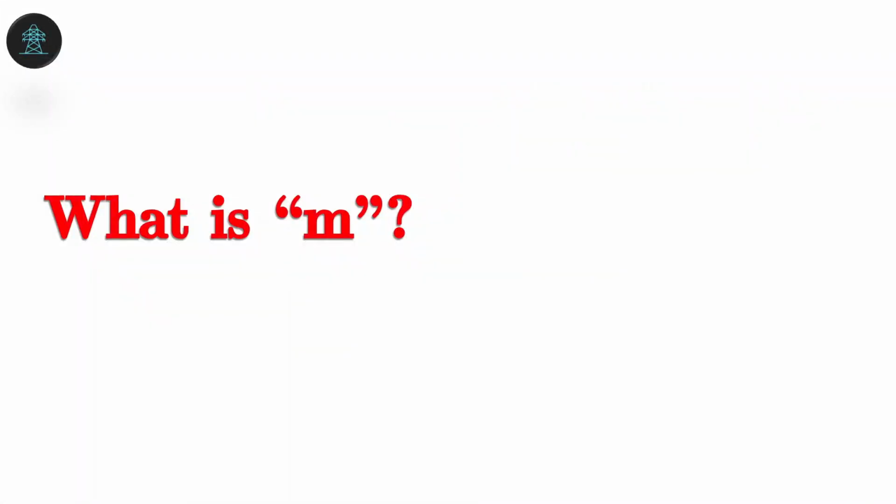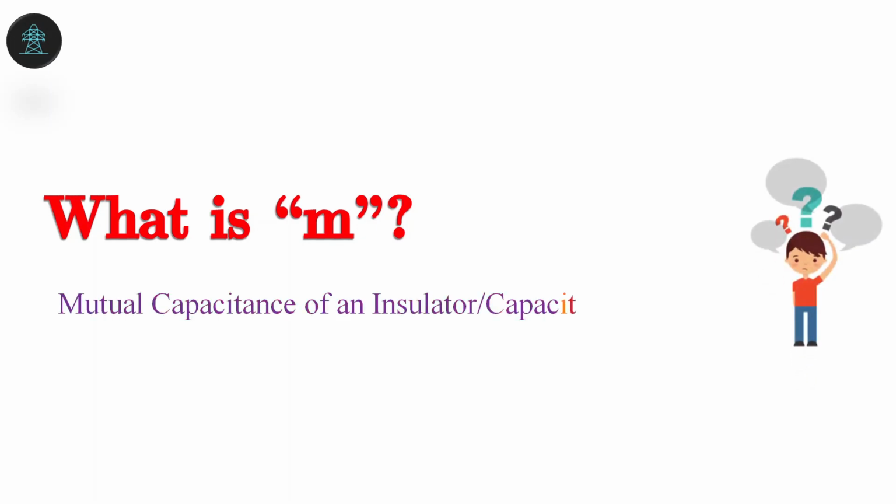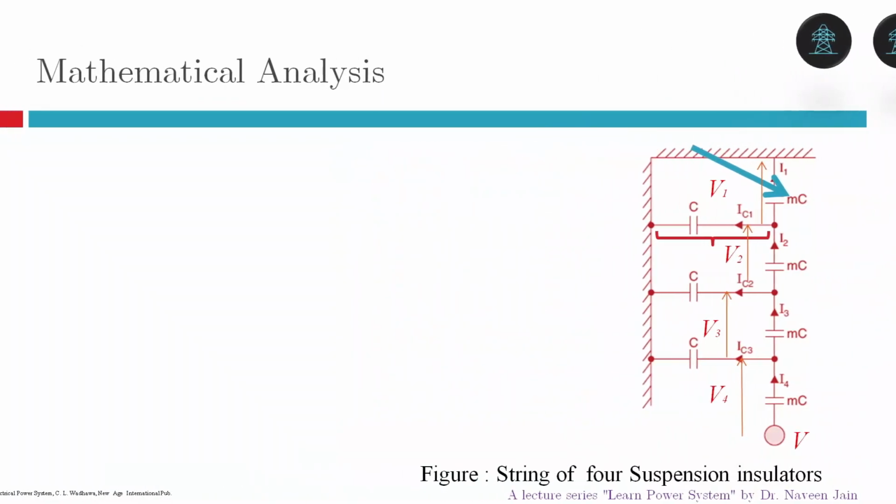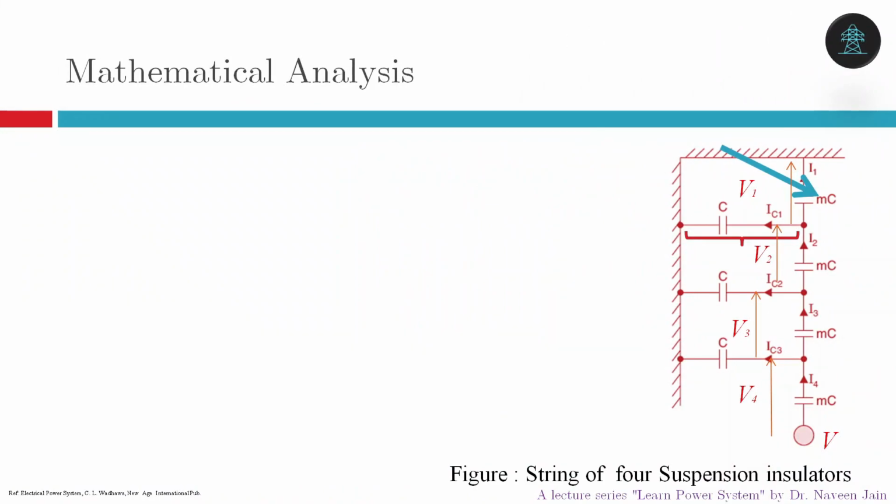What is M? M is the ratio of mutual capacitance of an insulator to the capacitance to the ground. MC is the capacitance of each insulator disk.